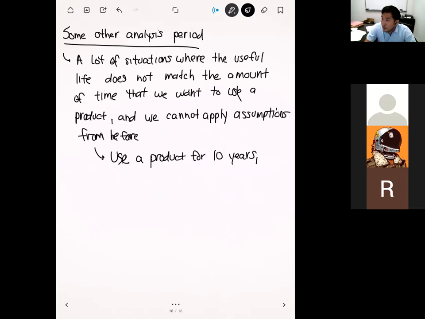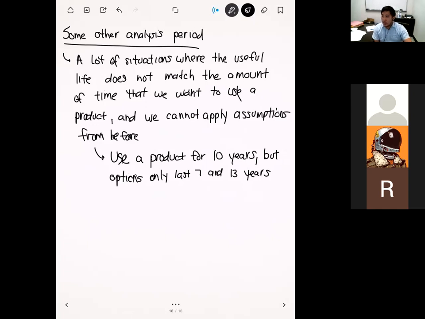But the only options available to you are an option that lasts for 7 years and another one that lasts for 13 years. We can't apply the same assumptions as before because we know for sure that we're only going to use it for 10 years.